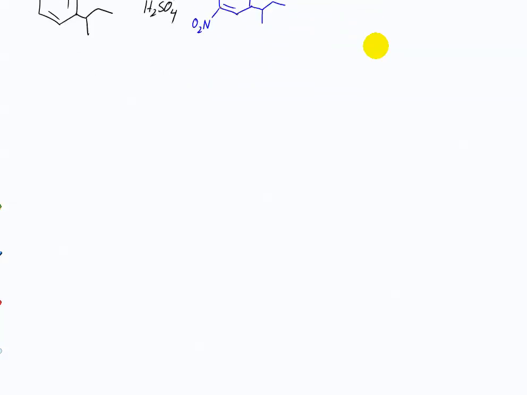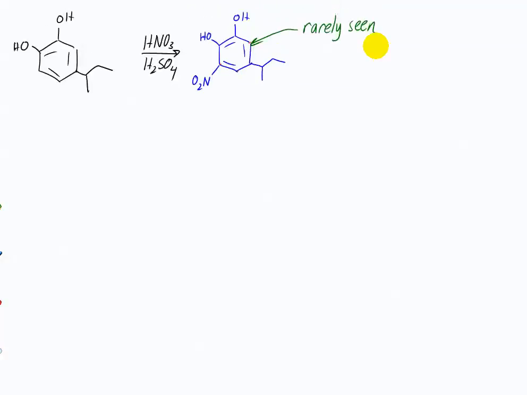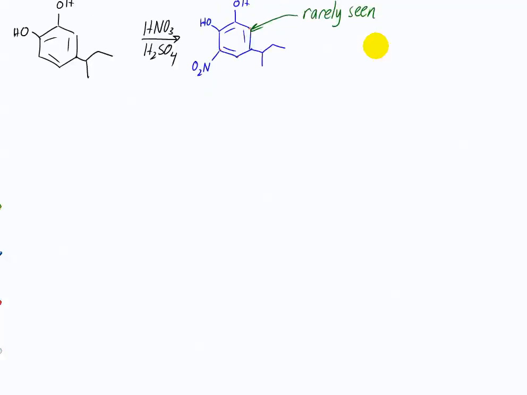So now what happens if you actually want to put groups in those kinds of places? What if you want to make a product that is particularly not favored? Let's take a look at this one.